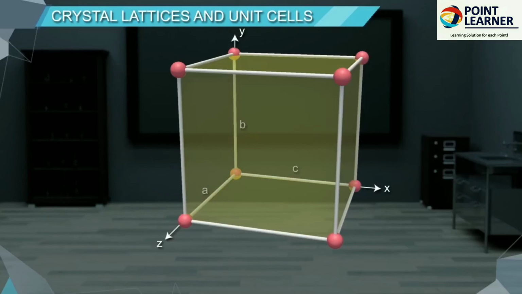In some cases, they are mutually perpendicular to each other, and in some cases, they are inclined to one another. In this unit cell, the angle between the edges B and C is alpha, the angle between edges A and C is beta, and the angle between edges A and B is gamma.